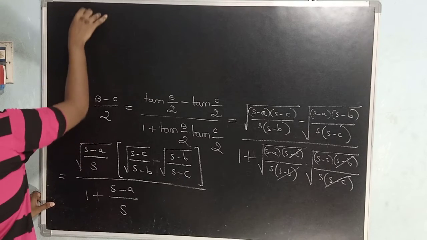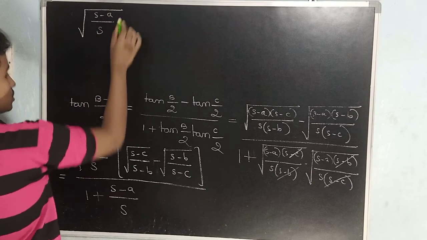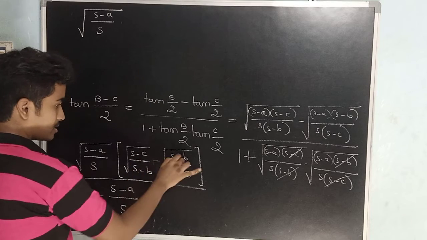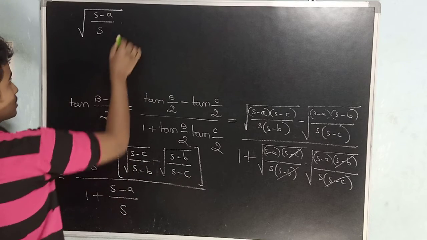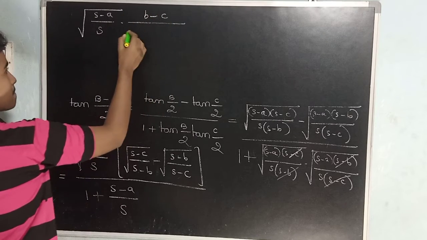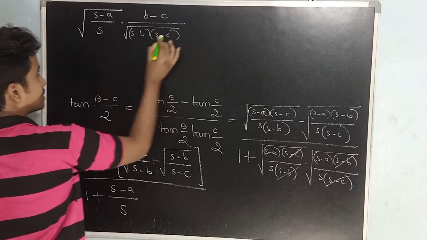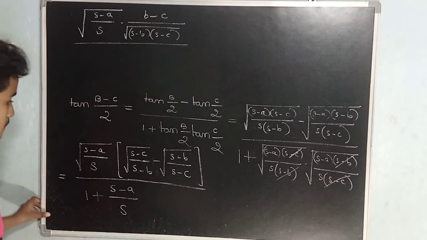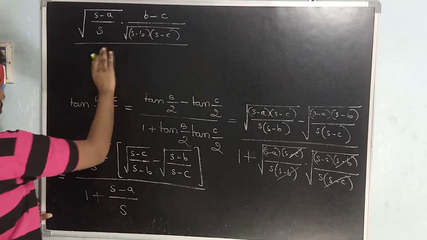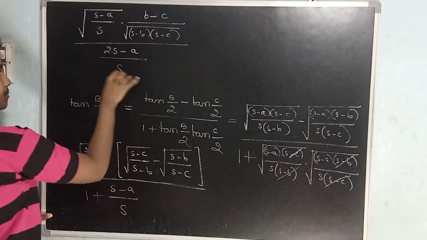Root s minus a by s, into taking LCM, s minus c minus of s minus b. So we are going to get b minus c by root s minus b into s minus c by 2s minus a by s.